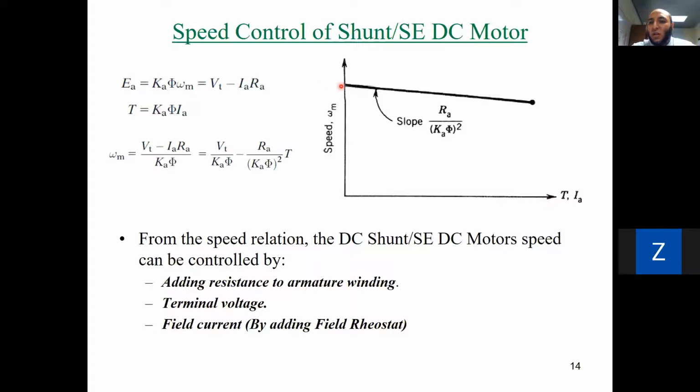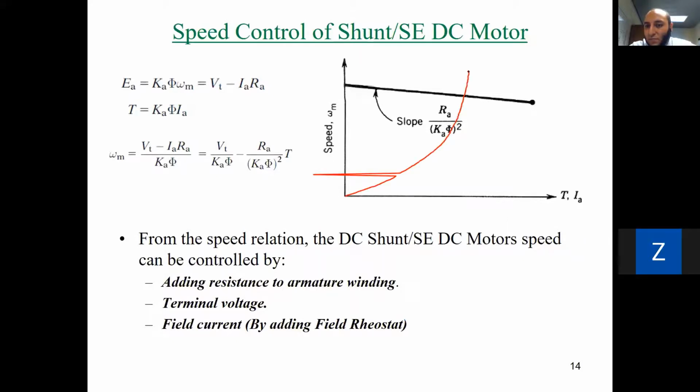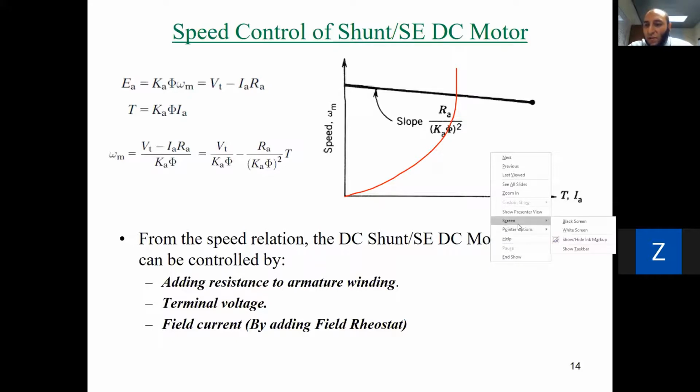If we would like to control this characteristic in order to control the load speed, and for instance, if we have a torque load like that, for fan load, for example, and we need to make speed control for this load.